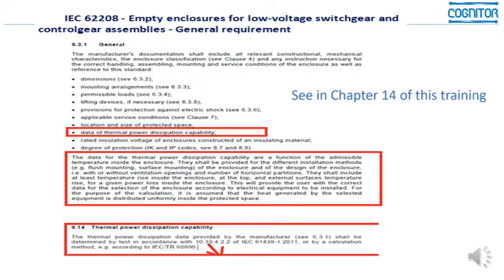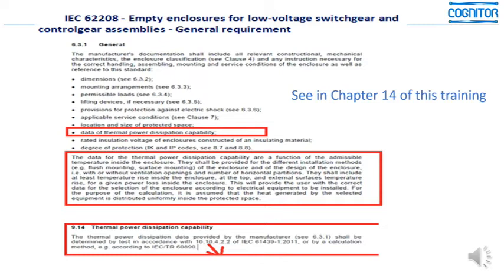There are some manufacturers that manufacture only the enclosure, but do not mount the complete switchgear. And this standard is good for this purpose, especially with respect to the data of thermal power dissipation capability.